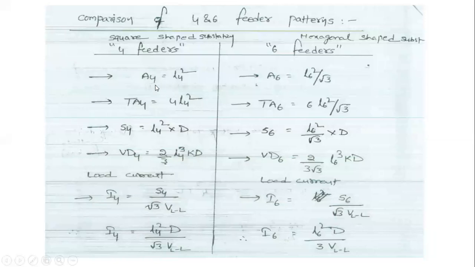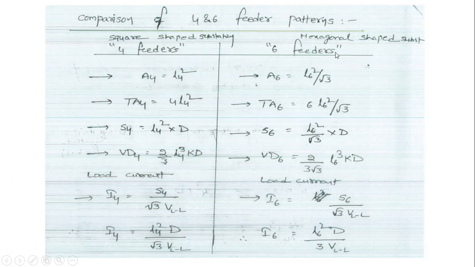In the derivation we calculated the area for a single feeder. The square shaped distribution substation is divided into 4 feeders, therefore the area for a single feeder is L4 square.